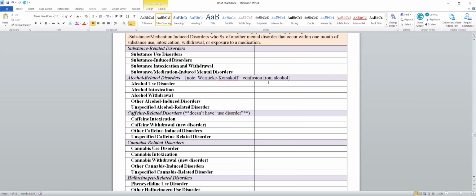Caffeine is the only one that doesn't have a use disorder. Caffeine intoxication, caffeine withdrawal, other caffeine-induced disorder, unspecified caffeine-related disorder.